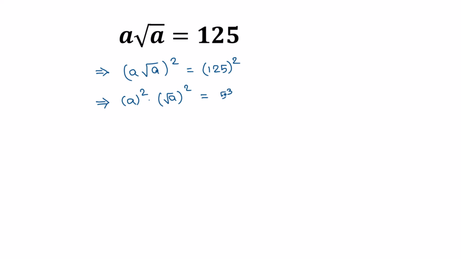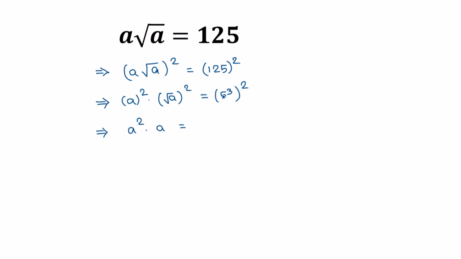This is 125, and this square, or this a square times this square root, and this square will cancel out.